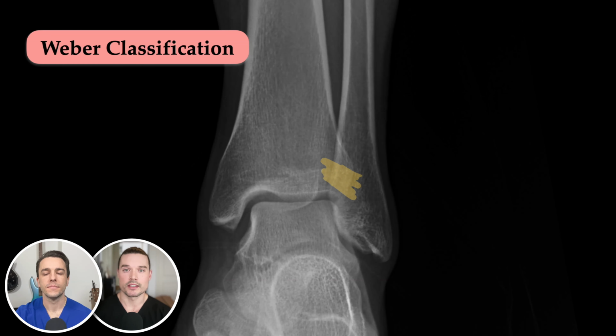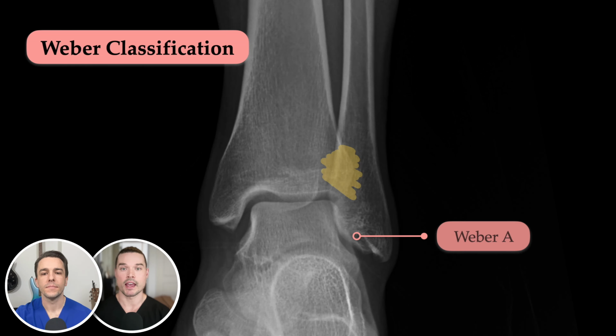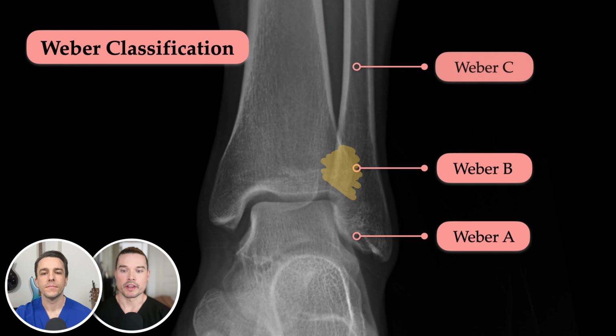We have our infrasyndesmotic injuries, our transsyndesmotic injuries, and our suprasyndesmotic injuries, which will break up our Weber classification into a Weber type A, our Weber type B, and our Weber type C. When we have a fracture below the syndesmosis, that will be a Weber A or an avulsion injury. If we have a fracture through that syndesmosis, classically an oblique fracture of our distal fibula, that is a Weber B fracture. And any fracture of our fibula proximal to that would be suprasyndesmotic, and that's going to be a Weber type C.